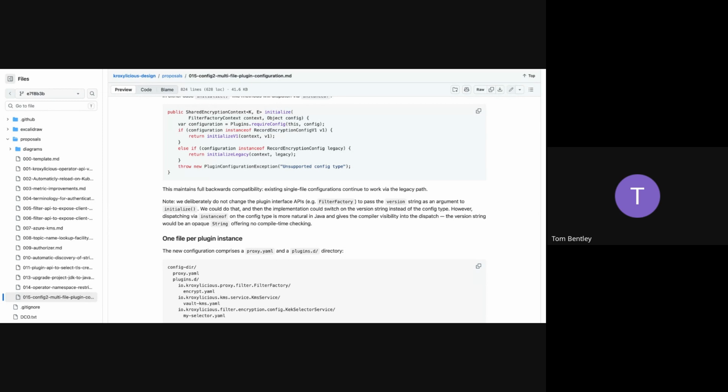All of a sudden the operator would basically just be taking the contents of those custom resources and turning them into YAMLs in a config map that's then mounted in the pod. That's the other end of the spectrum, and there are intermediate points on that spectrum as well.